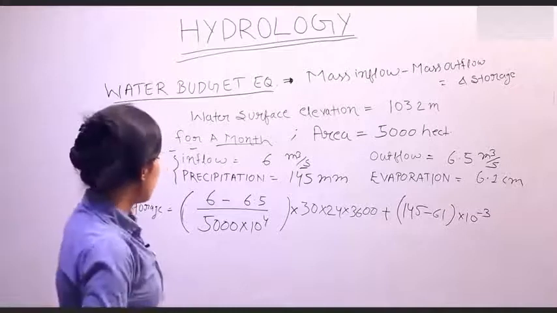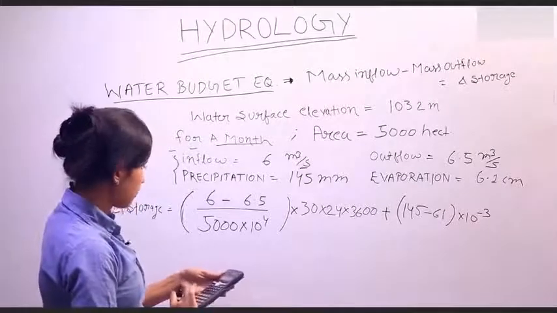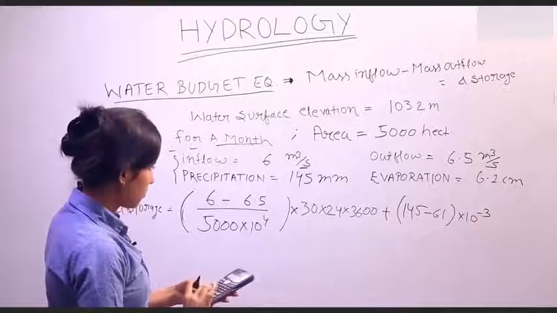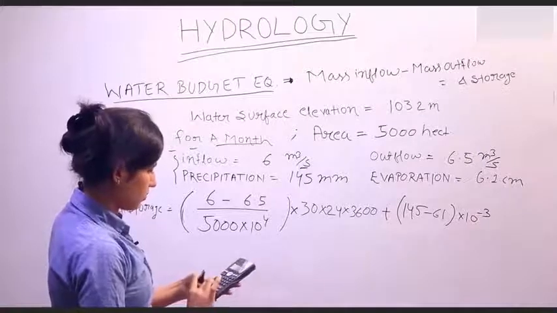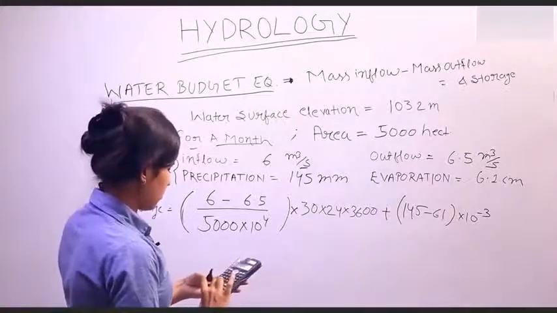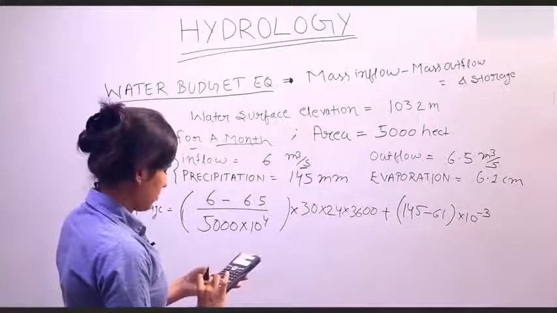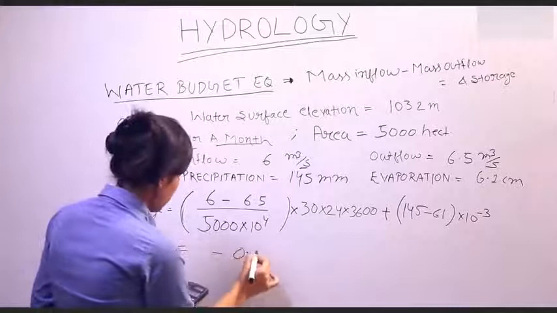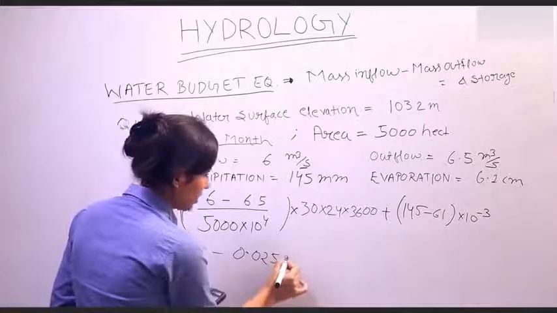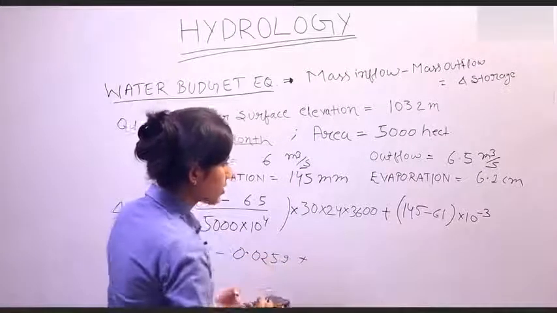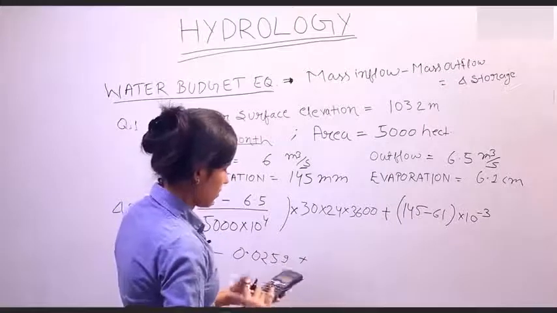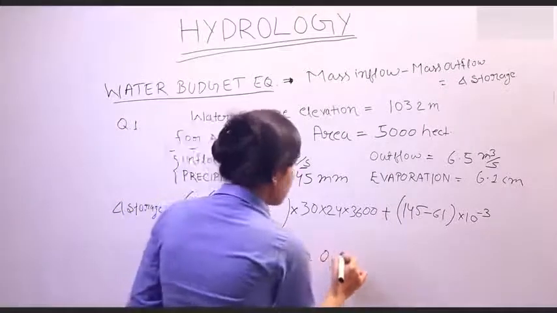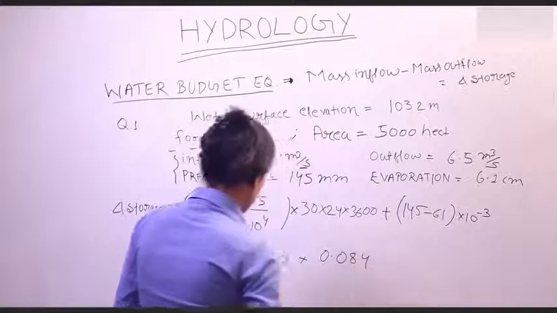So let's calculate. It is minus 0.0259 plus 0.084.